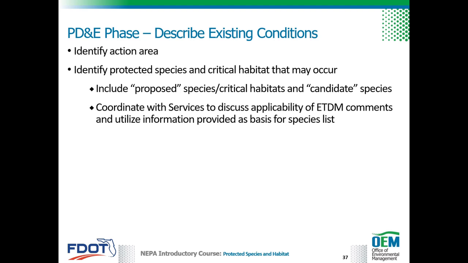Gather the best and most current scientific and commercial data available to help determine the potential for species occurrence within the action area. Reliable data sources include the services' websites, Geographic Information System, or GIS, species occurrence data, existing studies or surveys, information from past BOs and NREs, status reports and listing rules, critical habitat designations, recovery plans, habitat management guidelines, and species-specific studies.